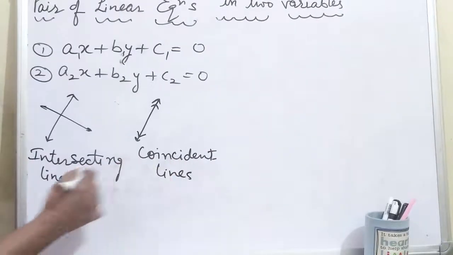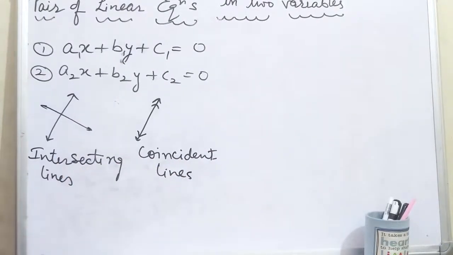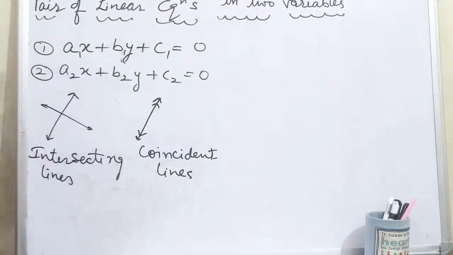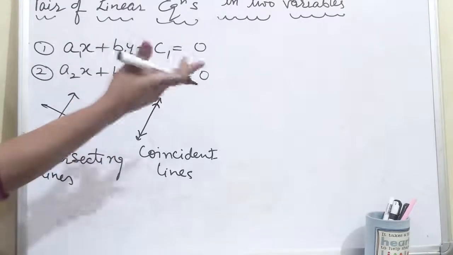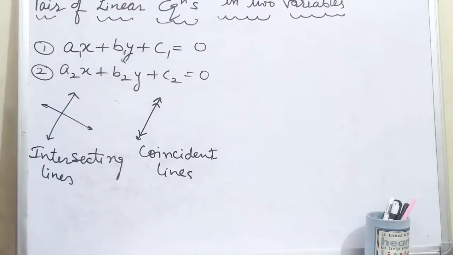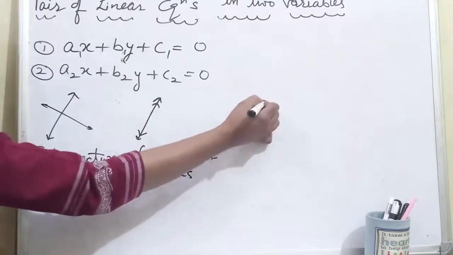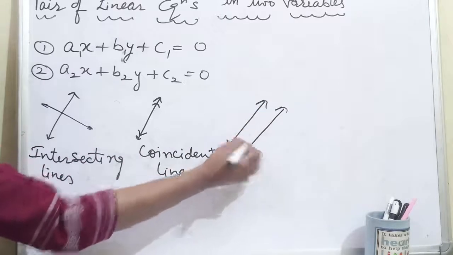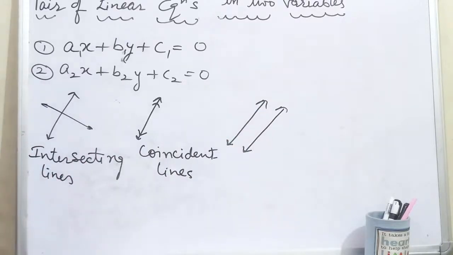Can you tell me if one more possibility is there? Two lines can be intersecting or coincident, or one more possibility. What should that be? That they do not intersect each other. That means they can be parallel to each other.